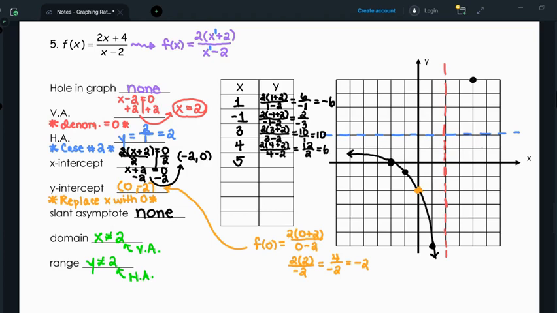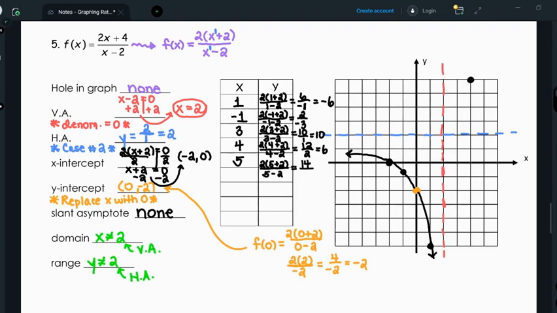For 5, last one here, I go ahead and plug into parentheses 5 plus 2 over my 5 minus 2, and that comes out to be a 14 over 3. That's an improper fraction, so you can change it to a decimal, which would be 4.6 repeating.